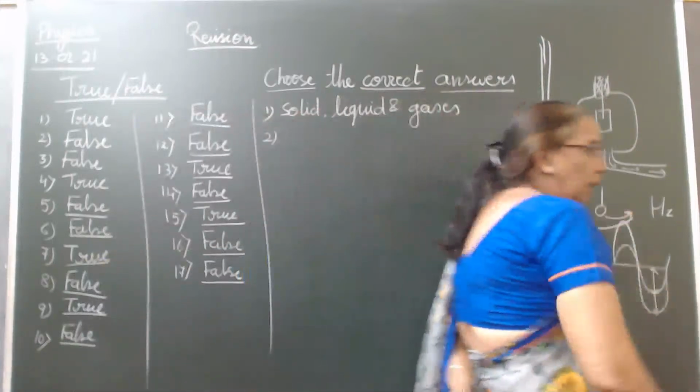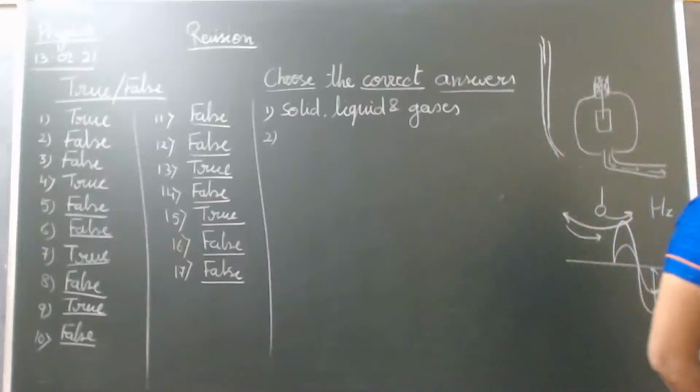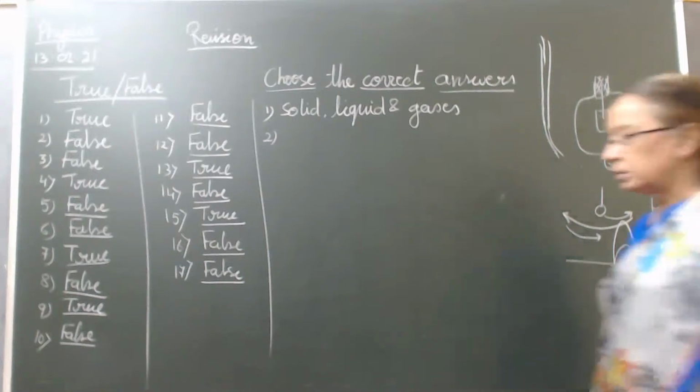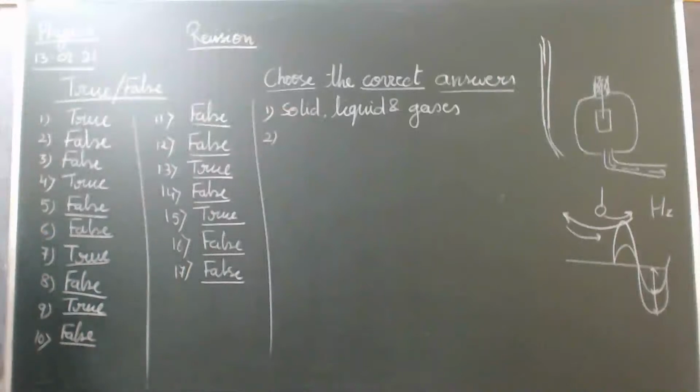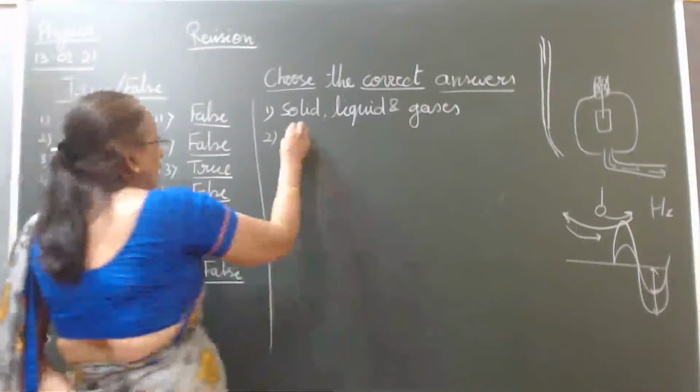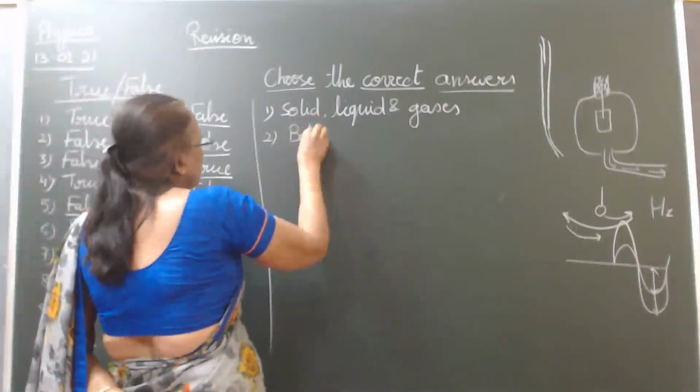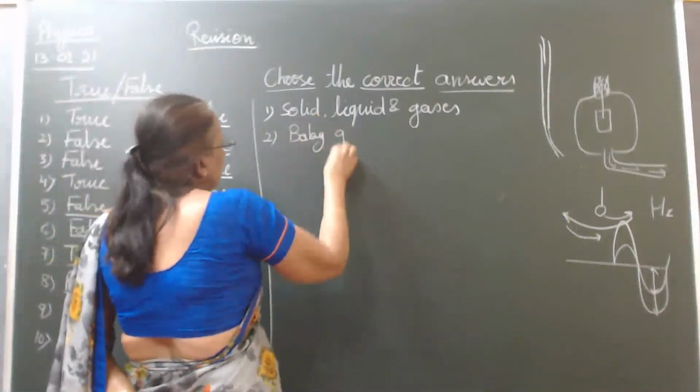When I was explaining the lesson, I said sound can travel through solid, liquid, and gases. Second one: which of the following is likely to have minimum frequency? Voice of baby girl. Correct answer is baby girl.